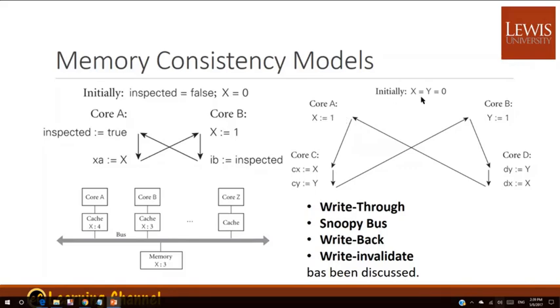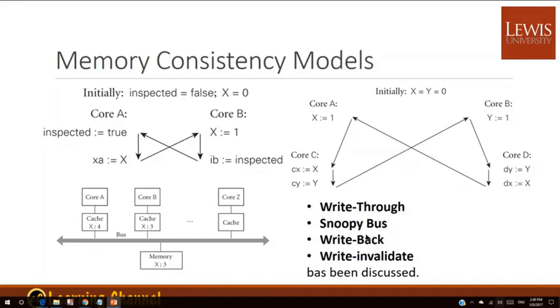For example, initially X and Y equal 0. If we update core A's X equals 1, then we need to make sure that core B's X is also updated.